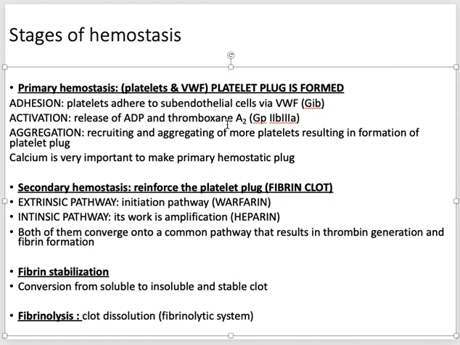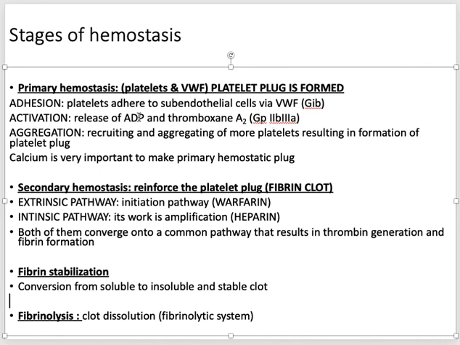For example, I told you that platelet activation can be stopped by giving aspirin. Then we give glycoprotein 2b 3a inhibitors, right? So what are glycoprotein 2b 3a inhibitors? I told you the drug called abciximab.